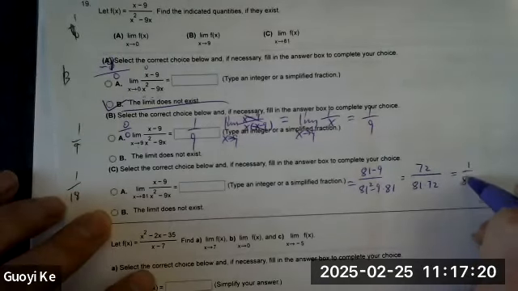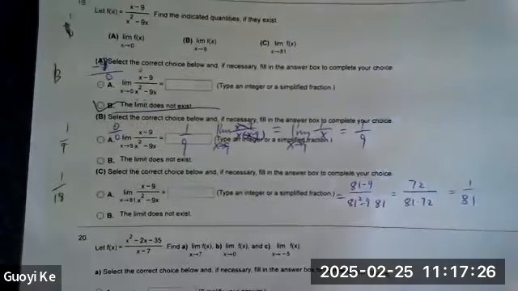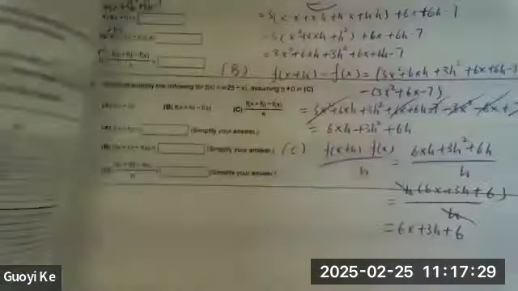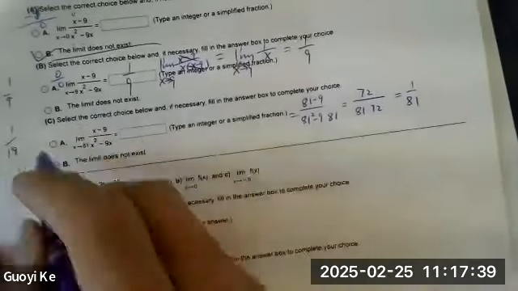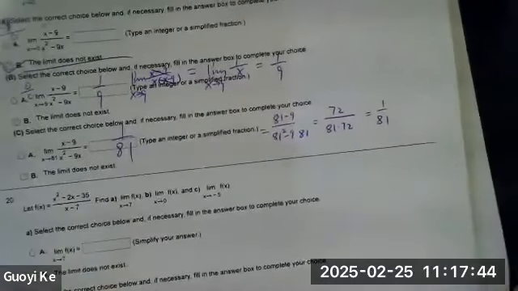Yeah, we should get 1 over 81. Let me check the answer. Problem 19. Yeah, that's correct. The answer should be 1 over 81.